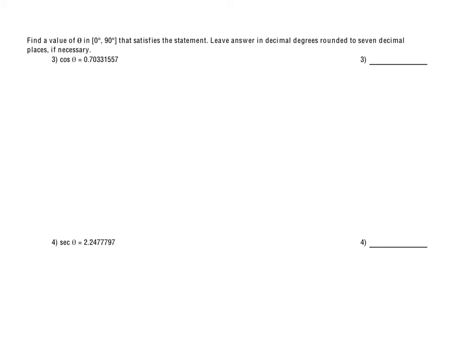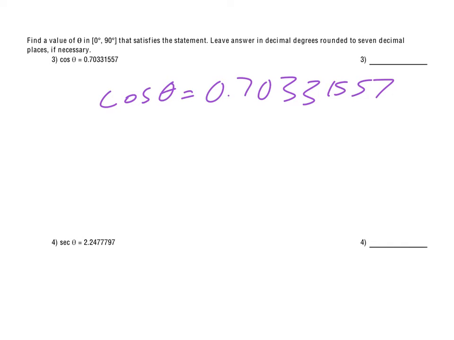Here we're using the calculator to find a missing angle measure. So for number 3, we've got the cosine of theta equals that decimal. So what I need to do is really have the equation that the cosine of theta equals this decimal. And what I do is take the inverse cosine of both sides. What that does on the left is it just gives me theta, and it leaves me with the inverse cosine of this number.